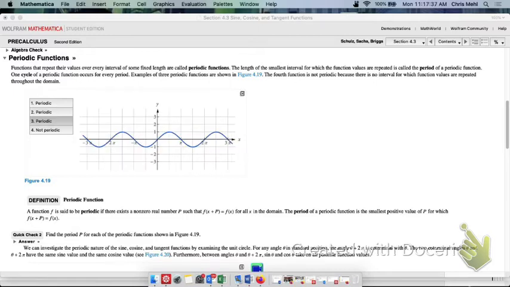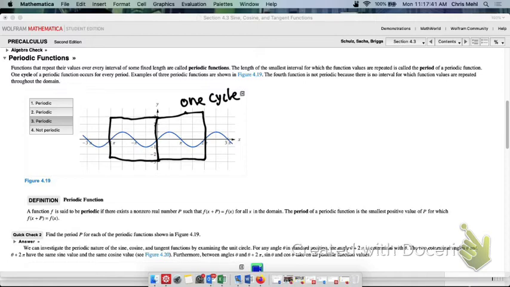And the third function that is periodic, I'll highlight one cycle again. So if you look starting at x equals 0 and you go to x equals 2 pi, there would be one cycle. And you can see that piece of the graph is also repeated to the left from -2 pi to 0. And again, a periodic function just repeats itself.